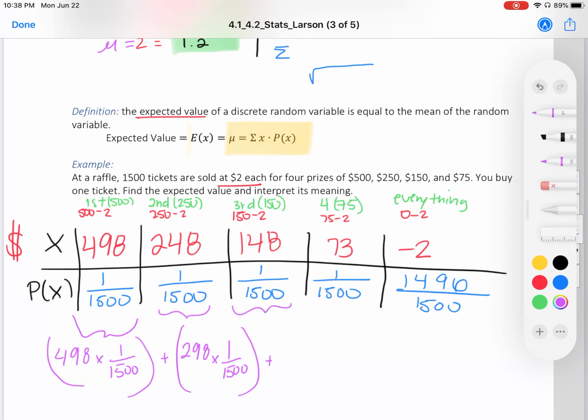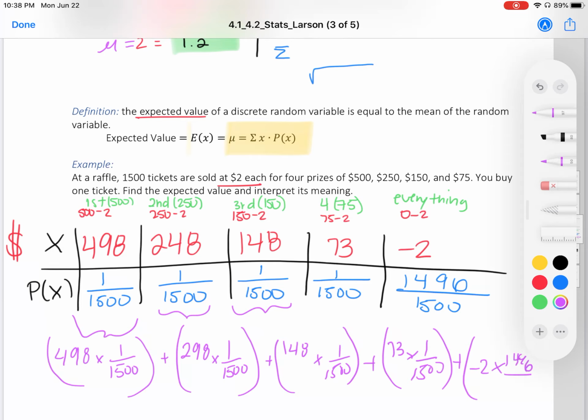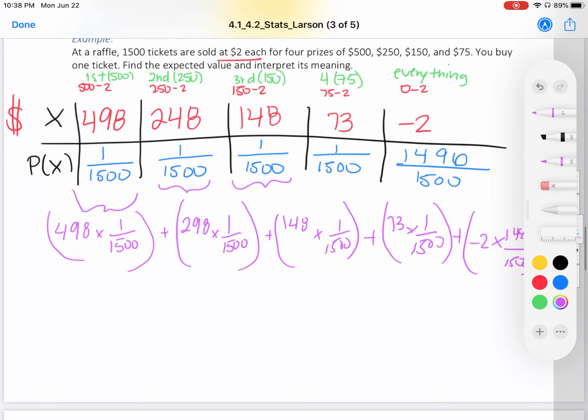Our third one, we have 148 times 1 over 1,500 plus 73 times 1 over 1,500 plus -2 times 1496 over 1,500. All right, that takes a bit of calculator work.